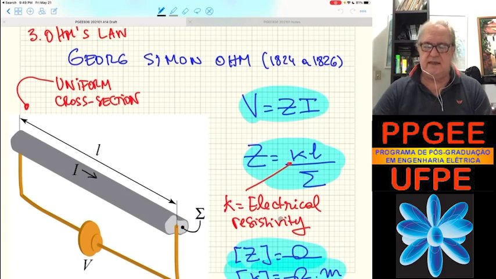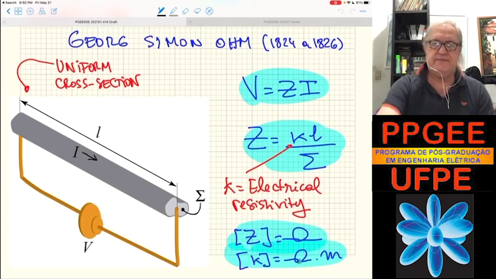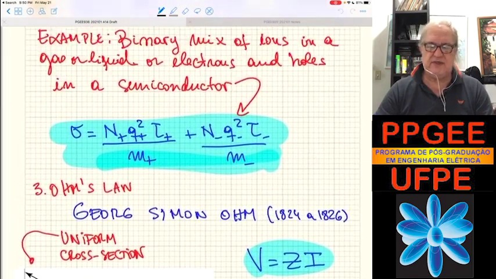This quantity was later defined by the International System of Units. Resistance was defined in ohms, and resistivity in ohm meter. So we're talking about Ohm's law because that's an experimental evidence of the microscopic relation we just derived, right?